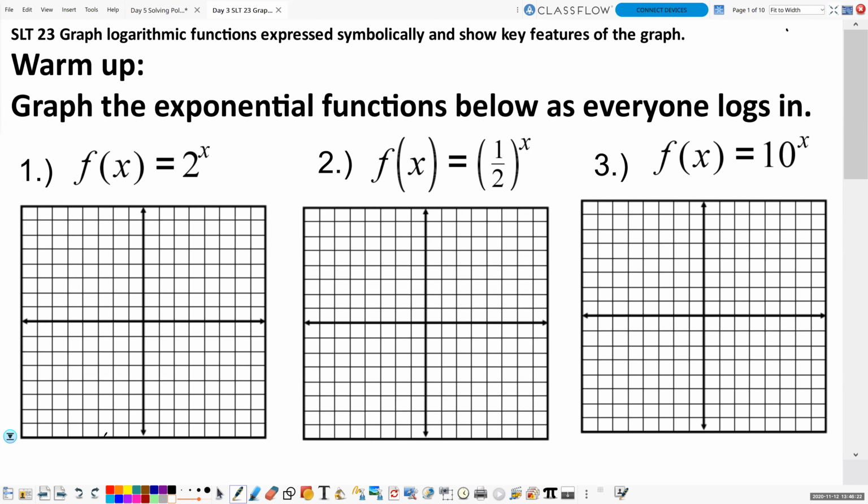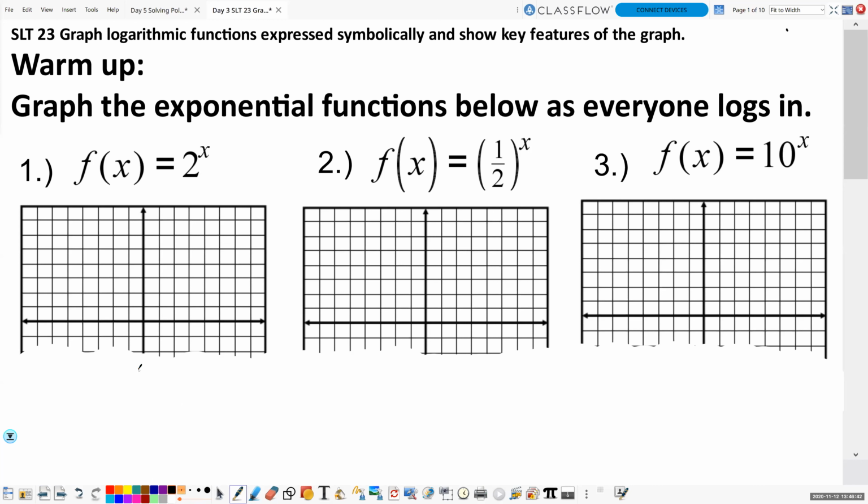Okay, so as you are getting settled, let's just go over these graphs. My suggestion was to graph tables, for those of you who are a little early, with -1, 0, and 1. So let me get my handy dandy yellow cards.